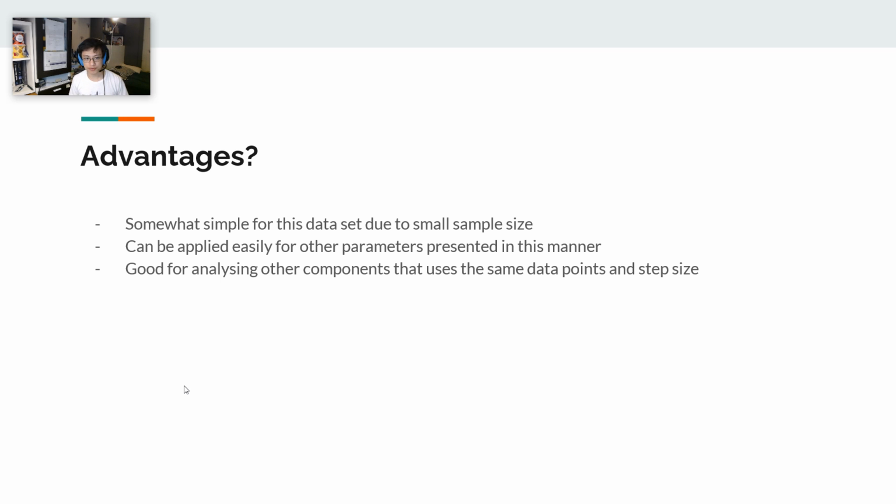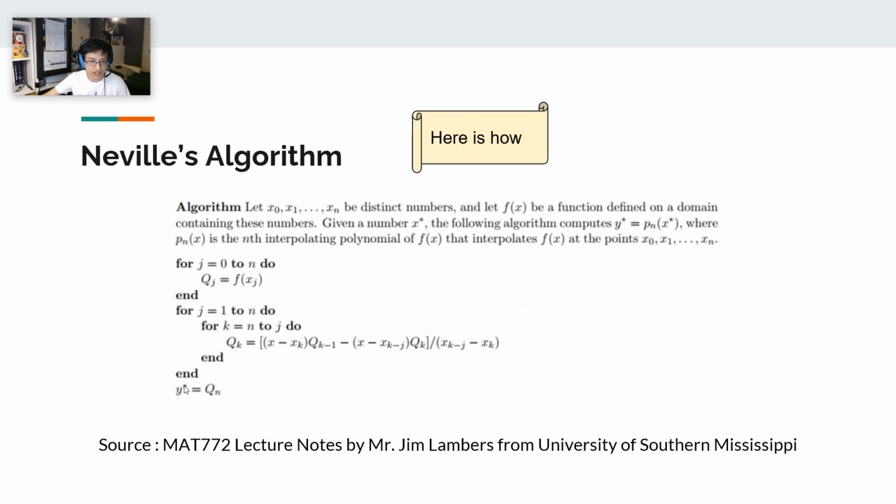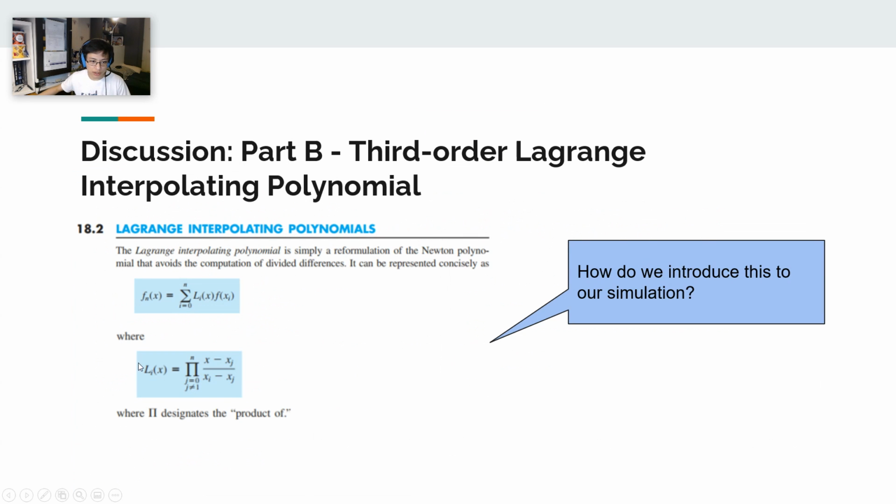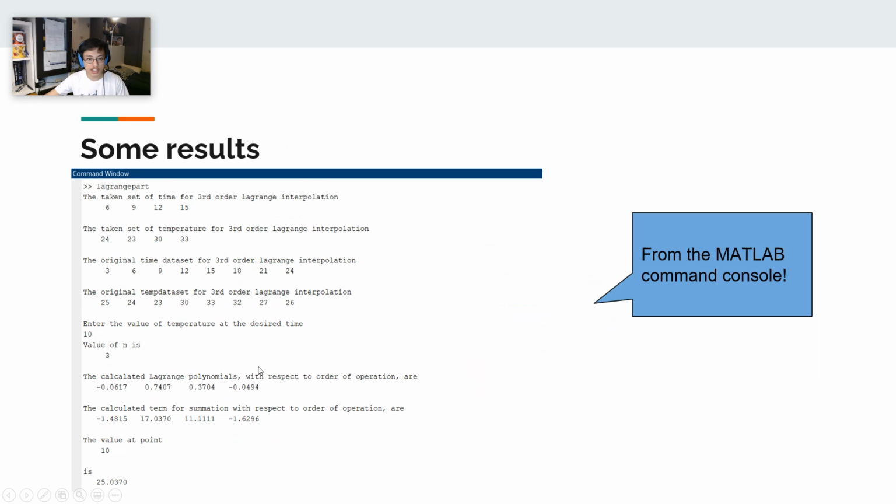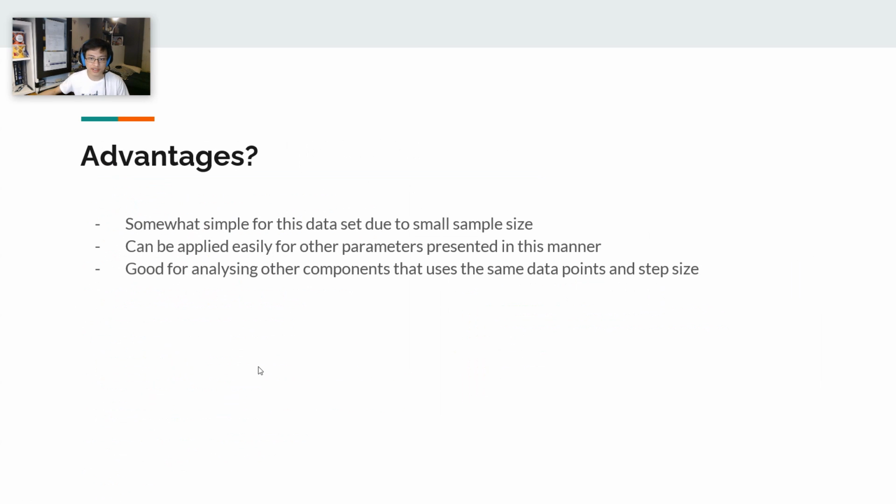And if you have other parameters like humidity or precipitation, you can use this kind of interpolation as well, and it skips the tedious part, because you don't have to recalculate this value over here all over again, if the given data is presented in the same manner.